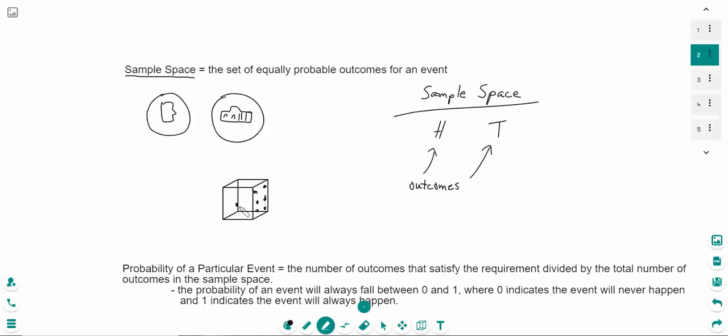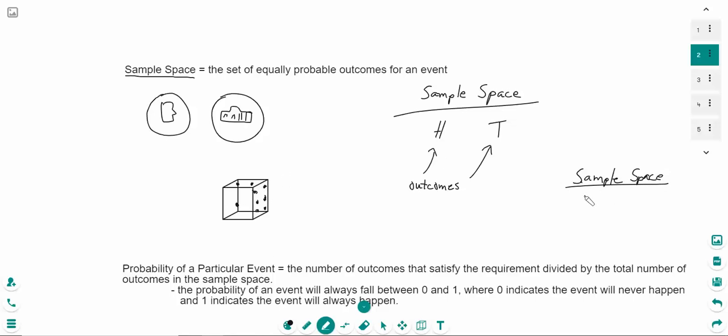And I don't know, put the 1 here, maybe the 2 up on top, and so forth. So you've got your dice, right? So what is the sample space for the roll of a die? Well, the sample space here is going to have 6 items, right? Because there are 6 sides to a die.